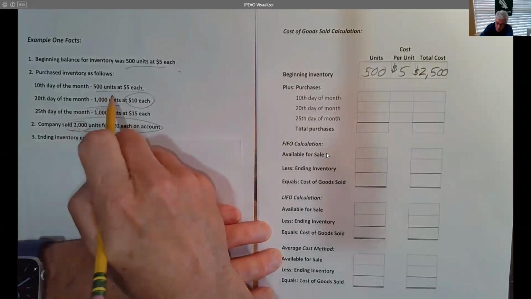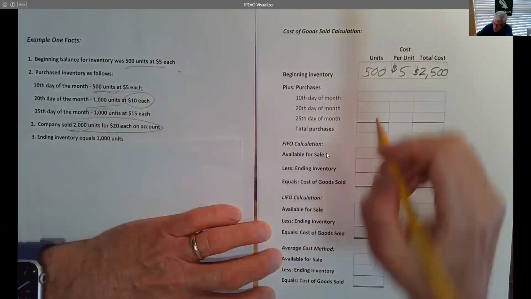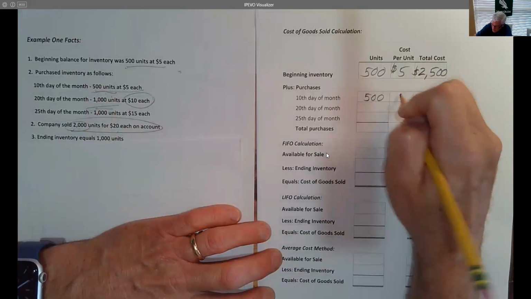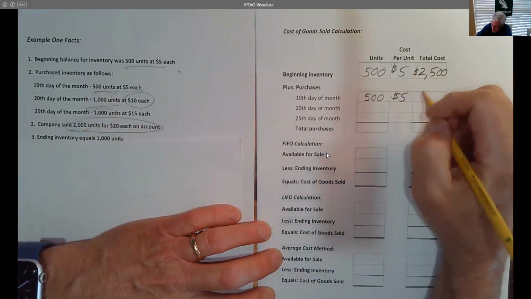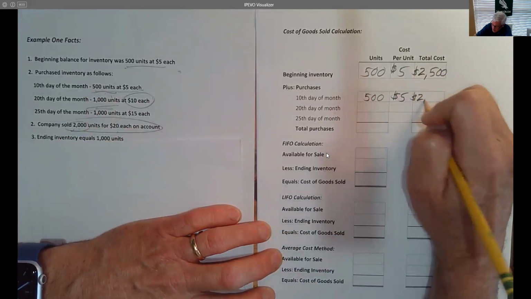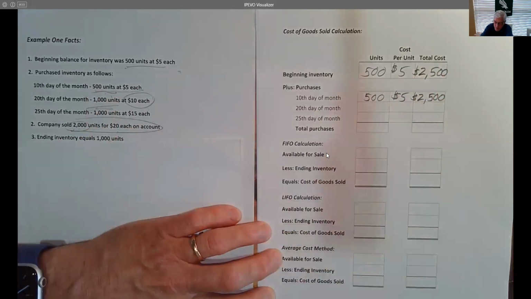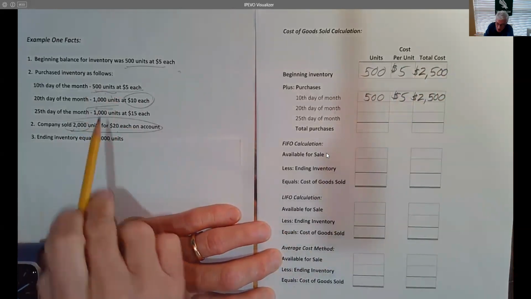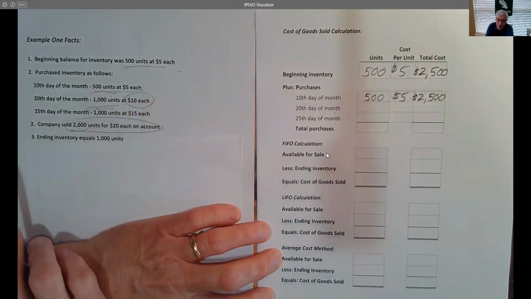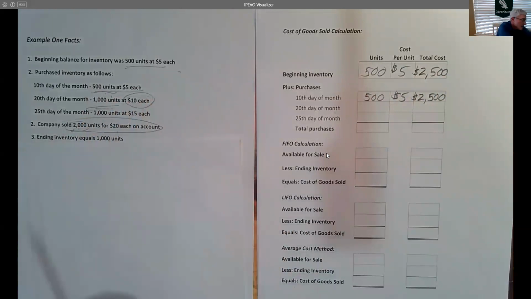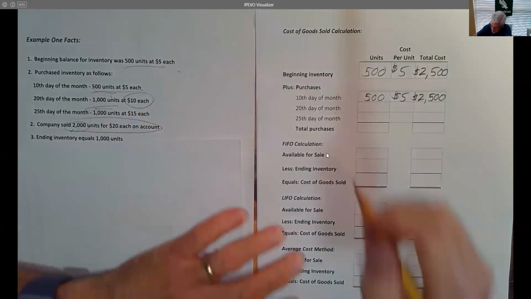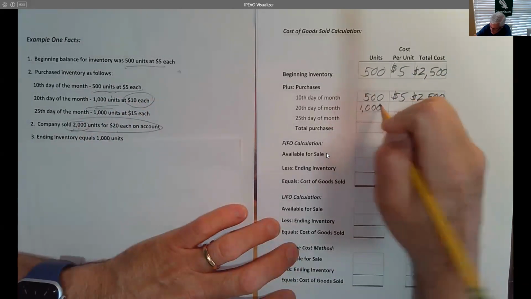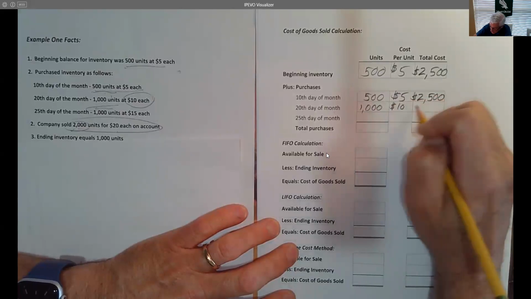On the 10th day of the month, we bought 500 more at, guess what, $5 each. So, so far, so good. We're at the same cost. However, on the 20th day of the month, we buy 1,000 units, and guess what? They're costing us $10 each. So we had some significant inflation there.